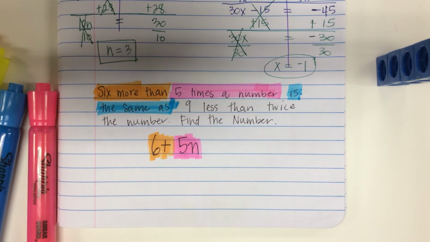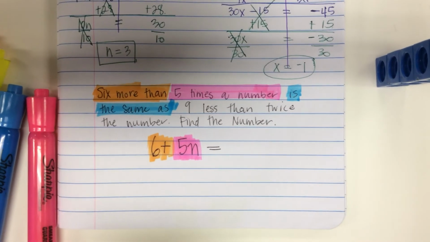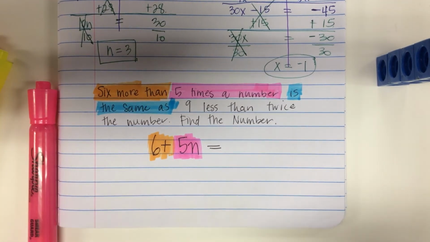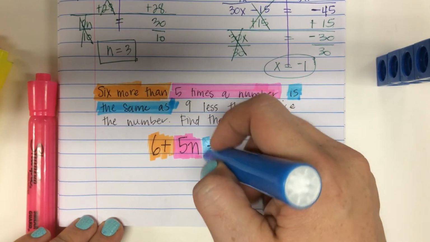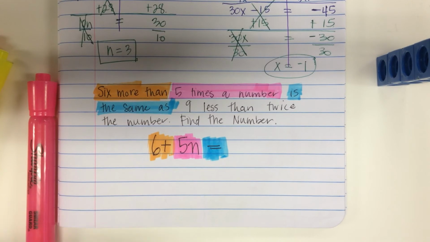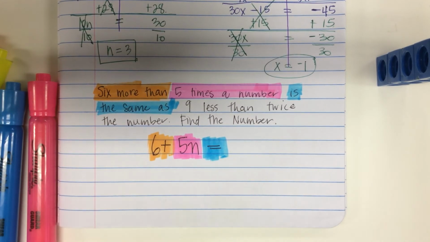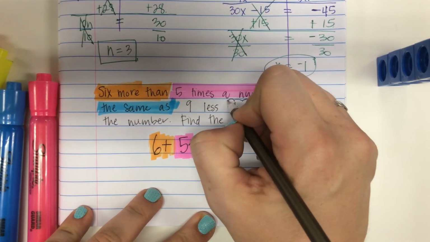Sometimes it's just is. It doesn't have the same as. Is means equal. I'm not going to highlight this one because this is so important. I don't want it to get lost.